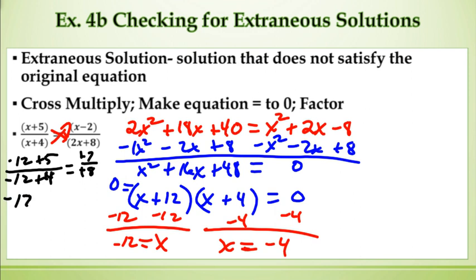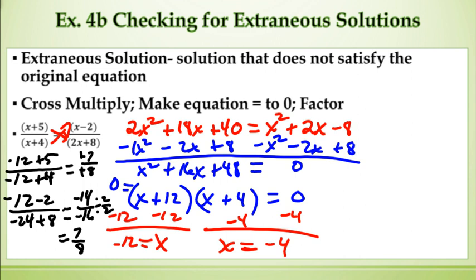Negative 12 minus 2 over 2 times a negative 12 is a negative 24 plus 8. This will give you negative 14 over a negative 16. If I divide by 2, I end up with a positive 7/8.